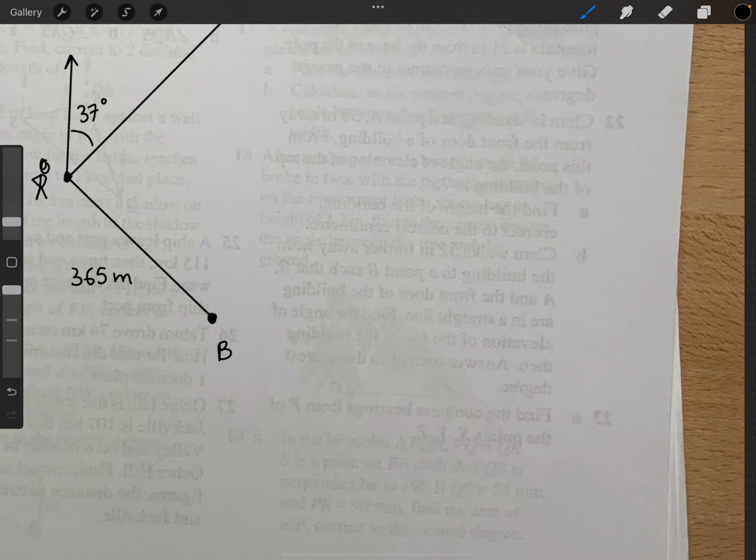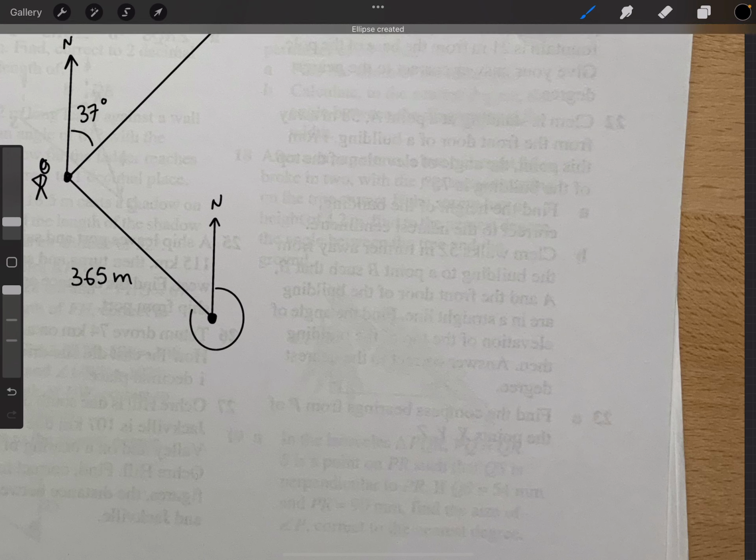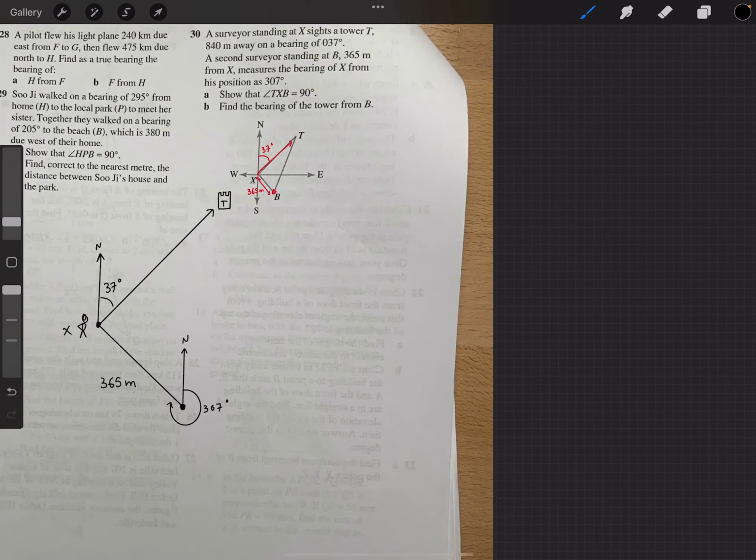So what that means is, from B's position, looking at X, this is 307 degrees. So this is the north, and this angle here would be 307 degrees.